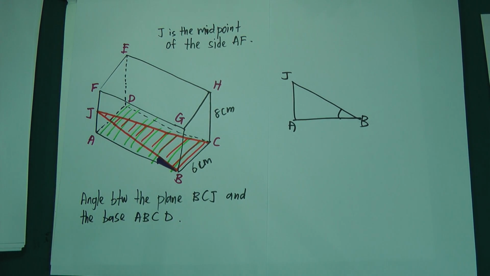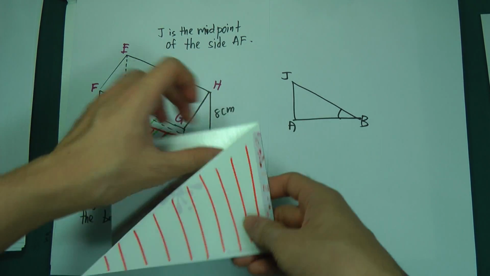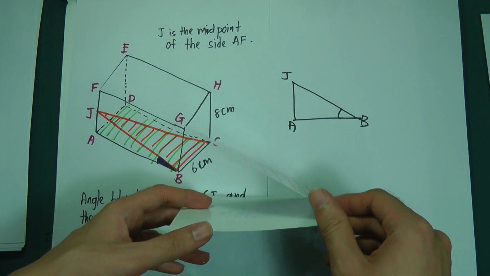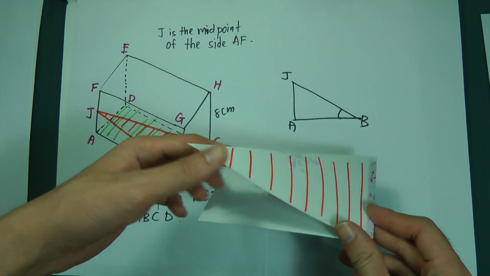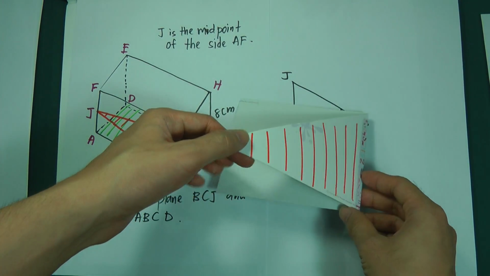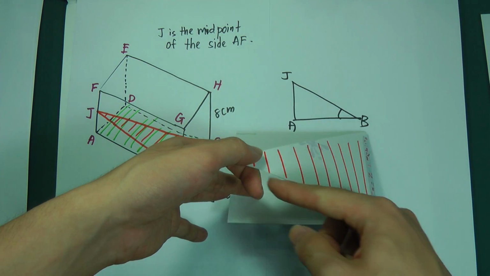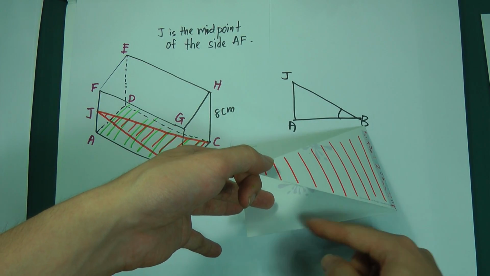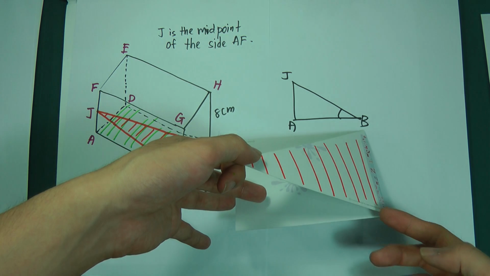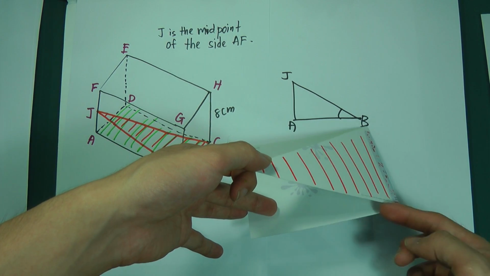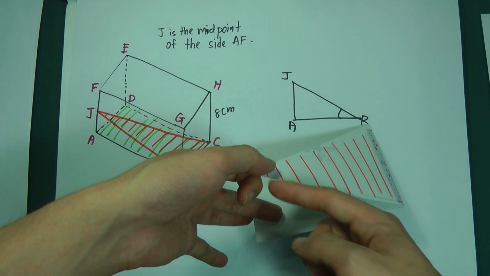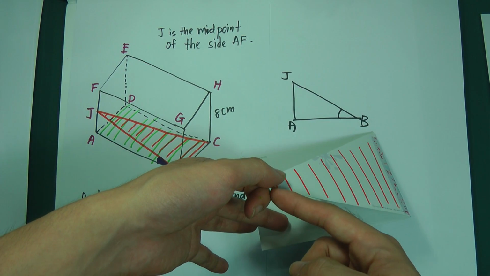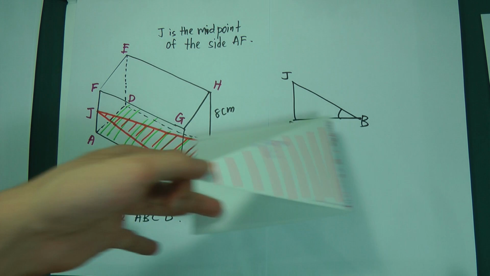Let me show this one again. You have something like this. This is the plane on the bottom. This is the triangle plane. So normally we take the right triangle from the nearest line. We do not take the line which crosses over to another side. So we just take the nearer one, which is J, B, and A.